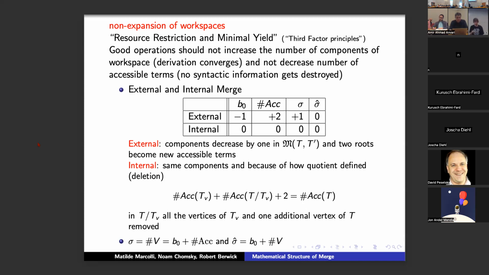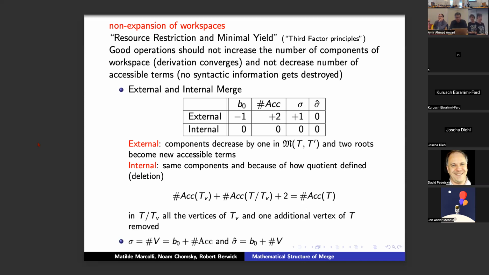But with these arguments, you would say that a good operation should have two desirable properties with respect to what happens to the workspace. One is that it should not increase the number of components in the workspace, because you want your derivation to eventually converge to forming a single sentence. And so you don't want to keep adding new stuff to the workspace and making it larger and larger, because otherwise you're not going to converge to something.